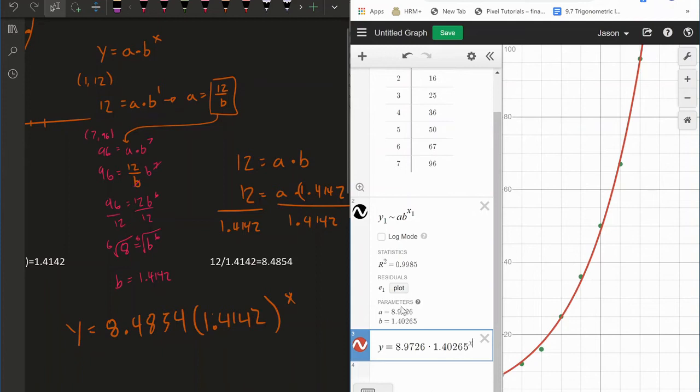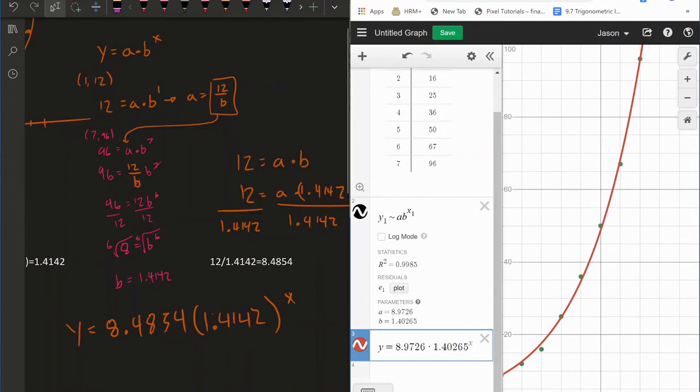So they are close, but the difference here is that the one using Desmos is computer generated, and so using its algorithms, it's found the best one. So mine is okay, but this one is best. And also I feel like this one took a lot less effort on my part. So it's good to understand this method, but there's no reason not to use our technology in this case.